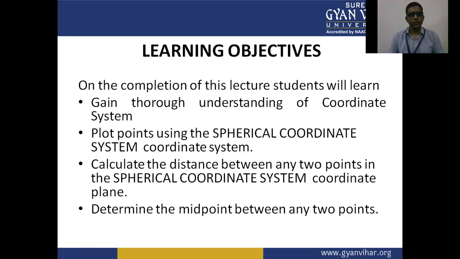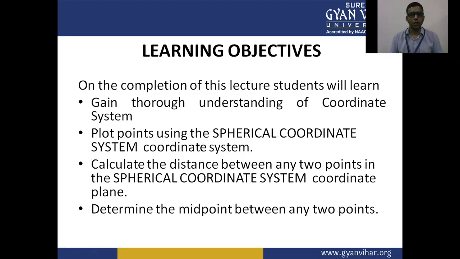The learning objective of this lecture is that after completion, students will gain an understanding of the spherical coordinate system, calculate the distance between any two points in the spherical coordinate system, and locate a point in the spherical coordinate system.